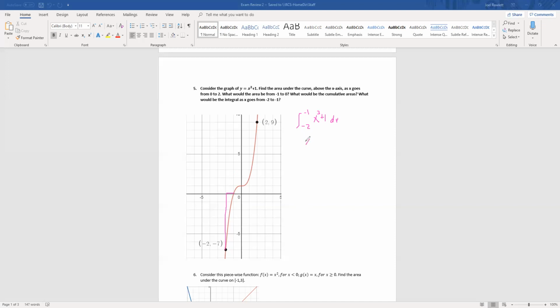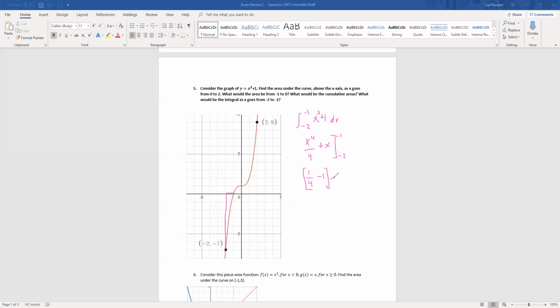So I've got x to the power of 4 over 4 plus x. And we're going to evaluate from -2 to -1. So that's going to be 1/4 minus 1. I got that by plugging -1 into both terms.